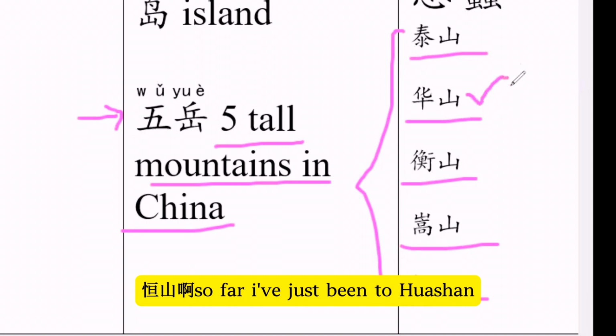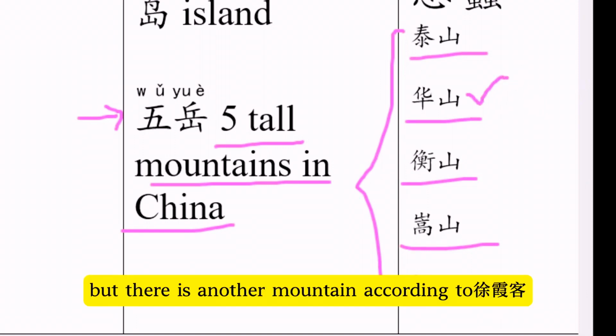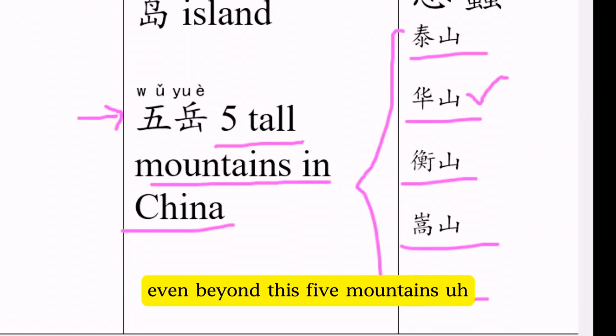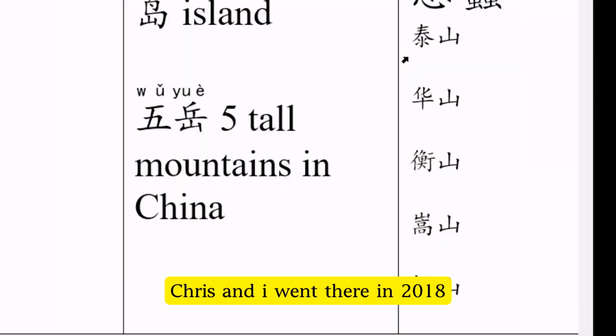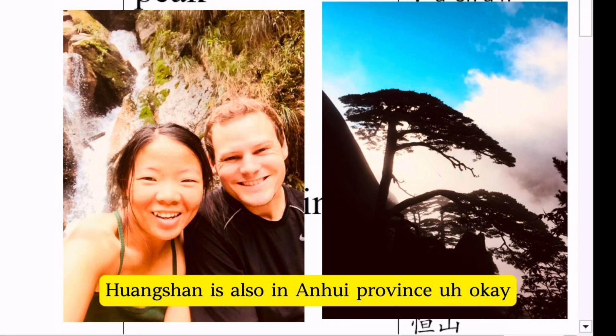So far, I've just been to Huashan, but there is another mountain, according to Xu Xiake, a famous Chinese traveler, that is even beyond these five mountains. That is Huangshan. Chris and I went there in 2018. Huangshan is also in Anhui province.